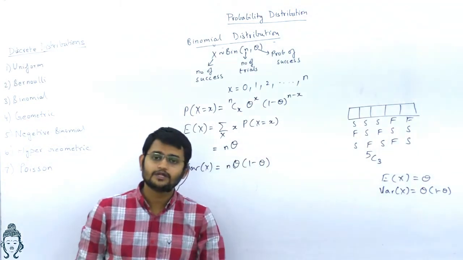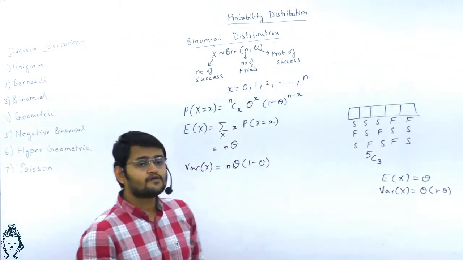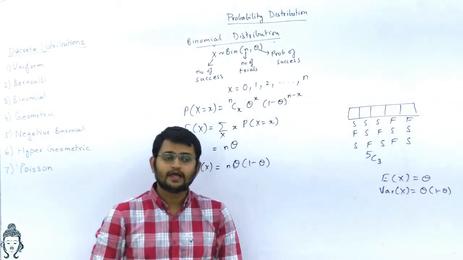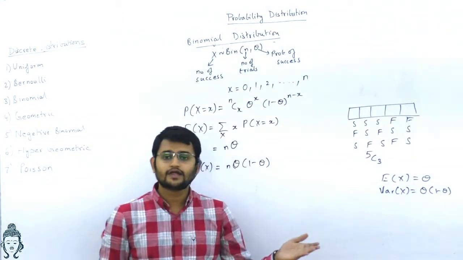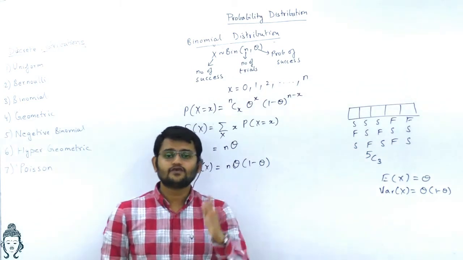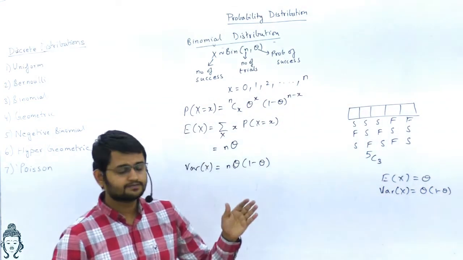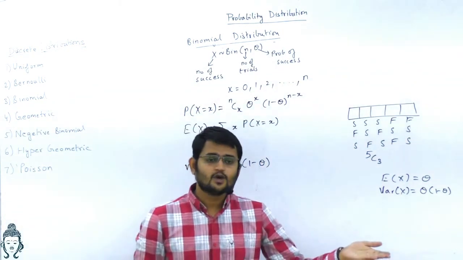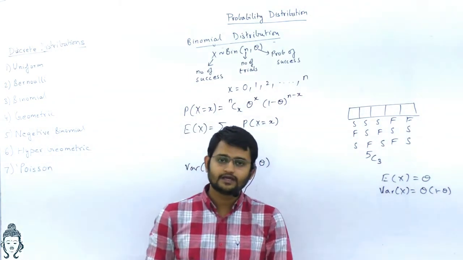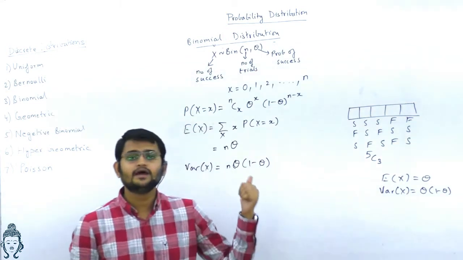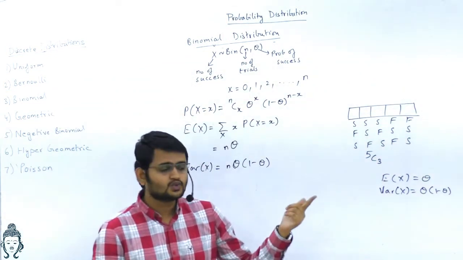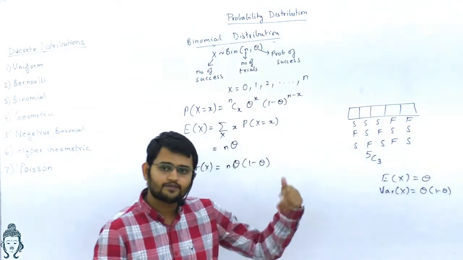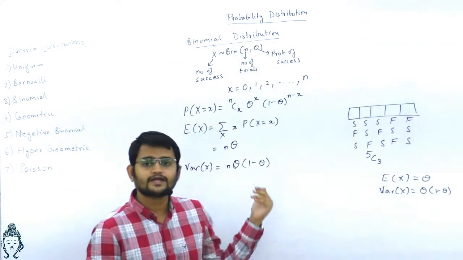Just as an example, if for one particular trial I can get a value between -5 to 5, that becomes my range, -5 to 5. Now if I am doing two same experiments, what is the minimum value that I can get? For one I had -5. For two I should have -5 plus -5, which gives me -10.